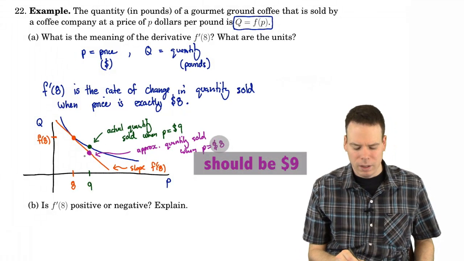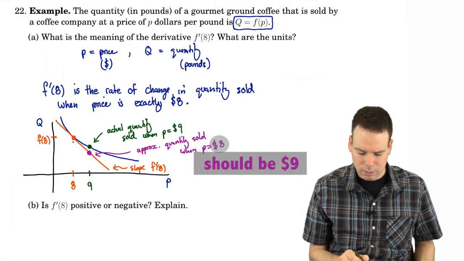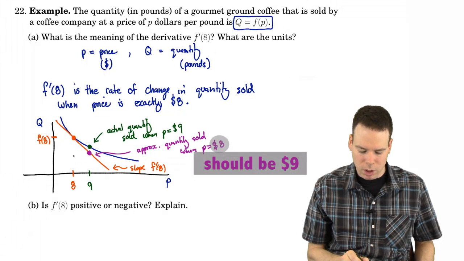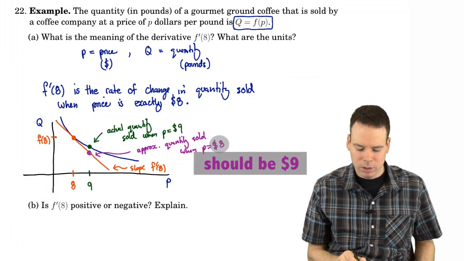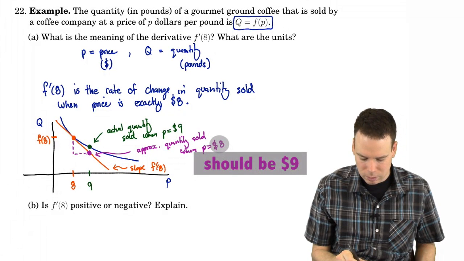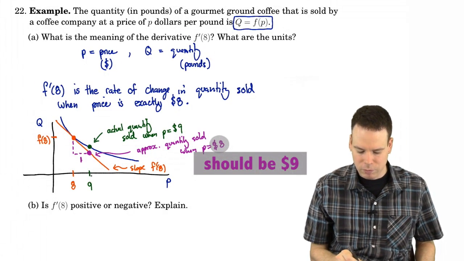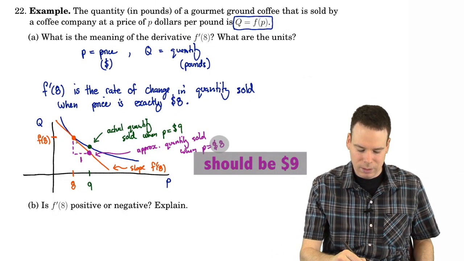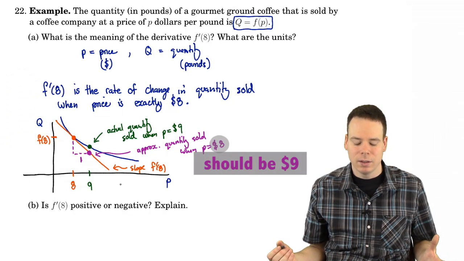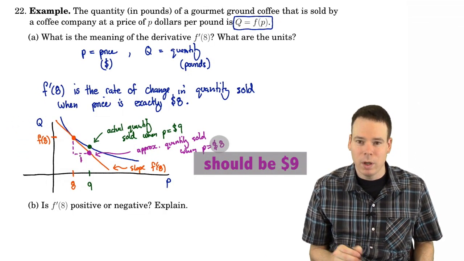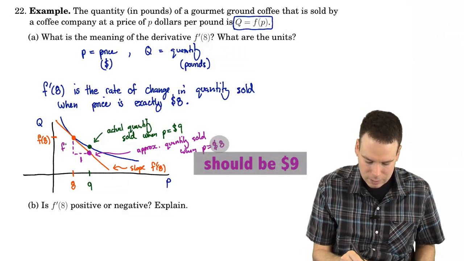Could I figure out how much this dropped then? f of 8 is the original quantity sold. How much did it drop to get that approximate value? Well, we've got a little right triangle here. The base is 1, because I went from $8 to $9. What's the slope of this tangent line? That's f prime of 8. The slope should be rise over run. So this height here is f prime of 8.